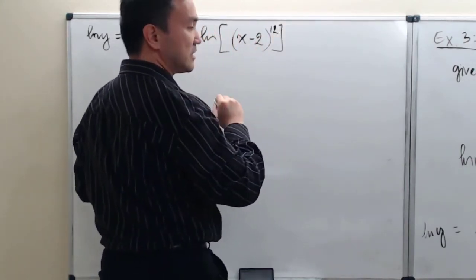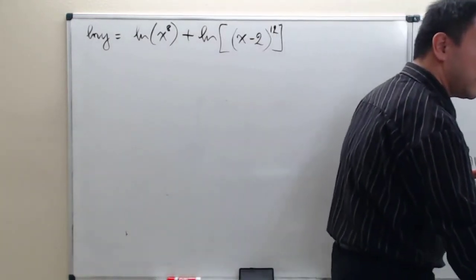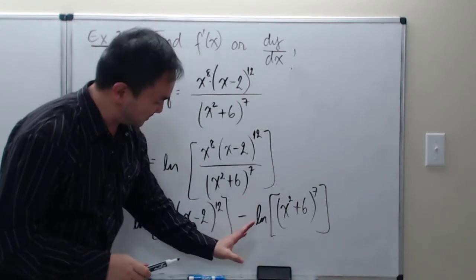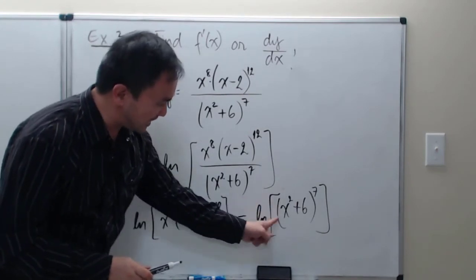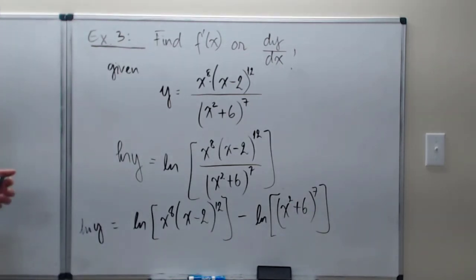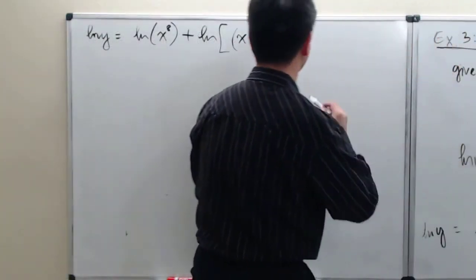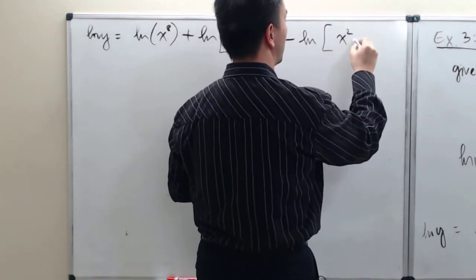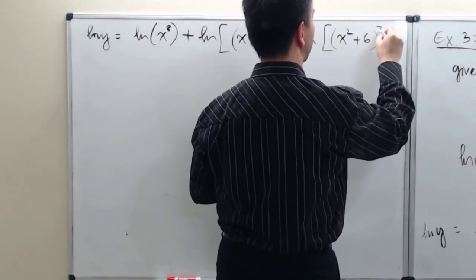Okay, and then the last term from my previous step is the natural log of x squared plus 6 in quantity to the 7th. So that's still there, minus the natural log of x squared plus 6 in quantity to the 7th.